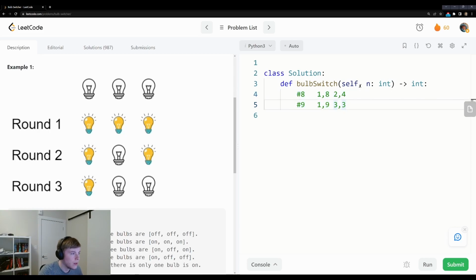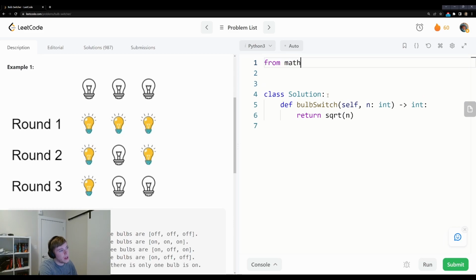If we take the square root of 9, we'll get 3. Knowing that 9 equals 3 squared tells us we've gone through 1 squared, 2 squared, and 3 squared to get to 9. So all we have to do is simply return the square root of n, right?